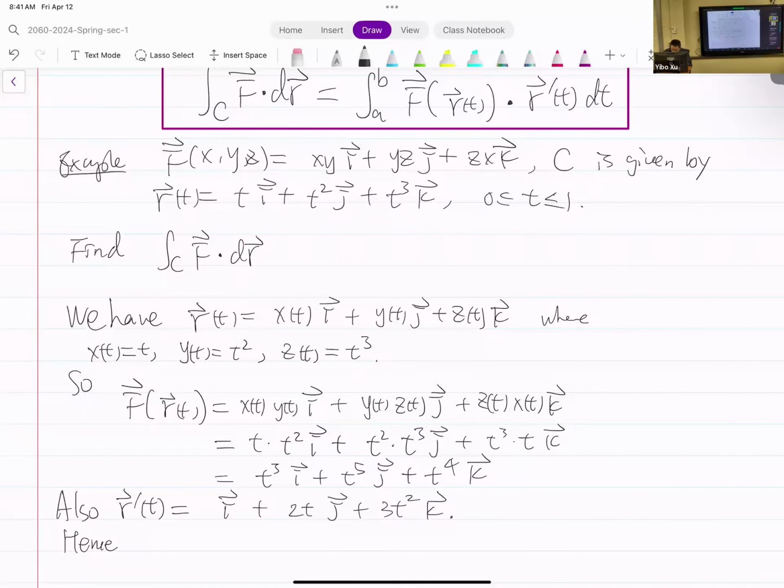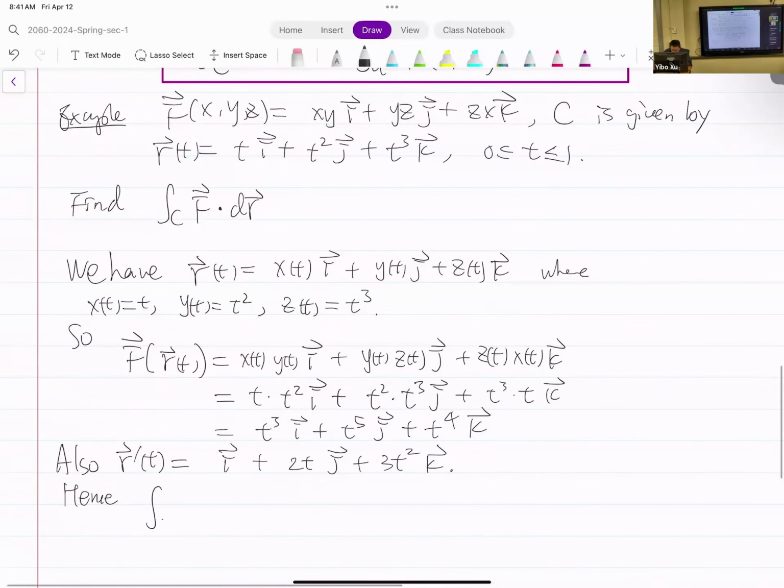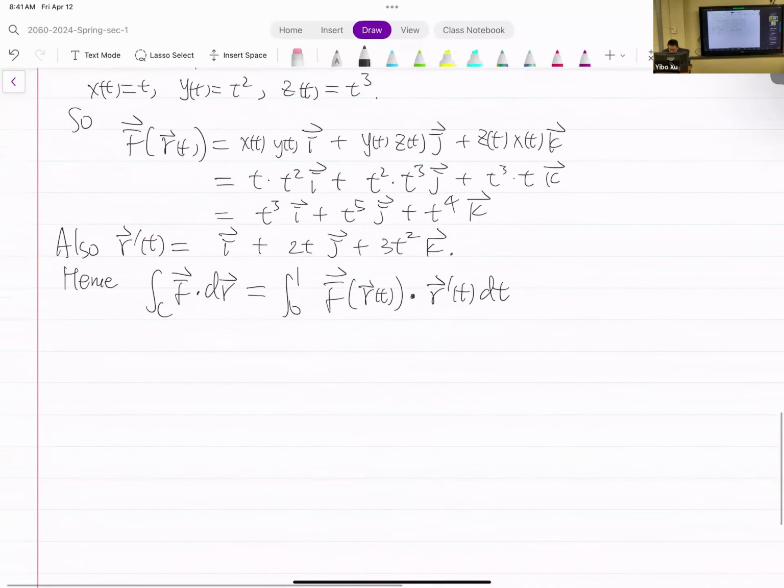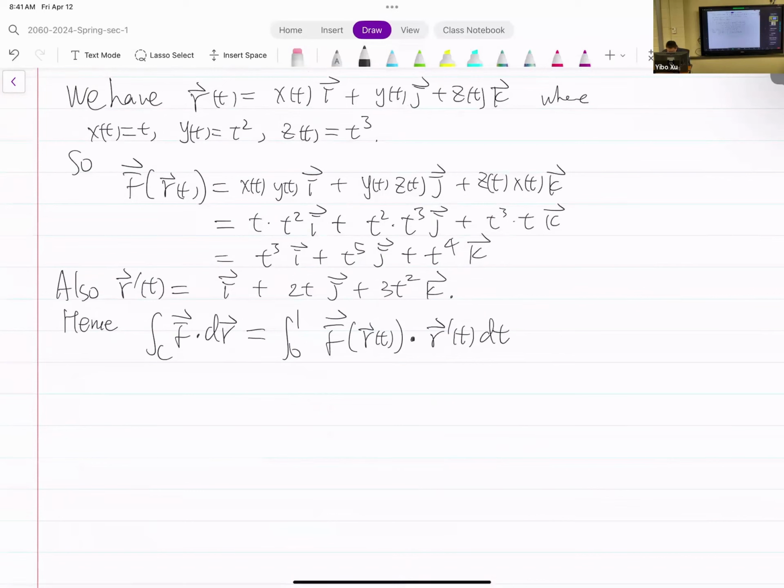Hence, the line integral of f dot dr, from a to b, is integrating from 0 to 1 f of r of t, the evaluation, dotted with the tangent direction. Now we can just do the dot based on the two parts that we have from above.